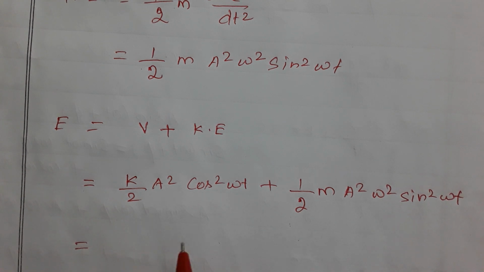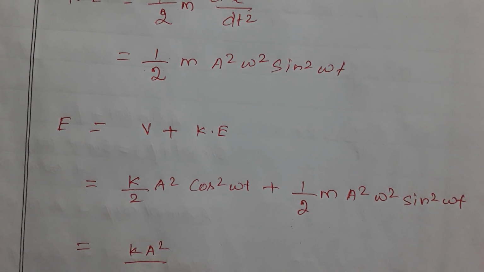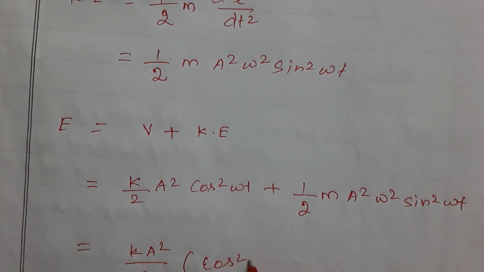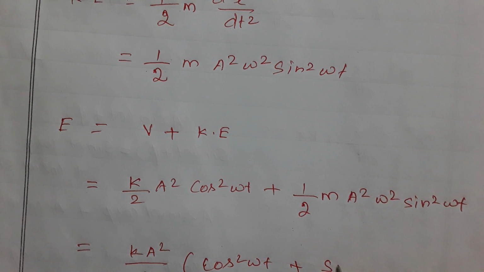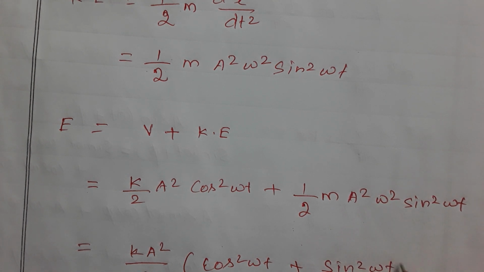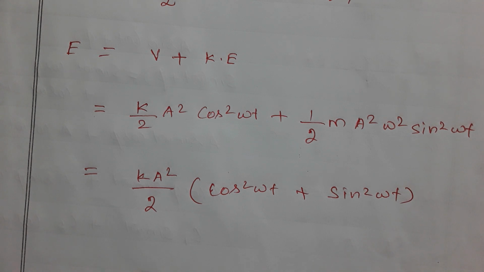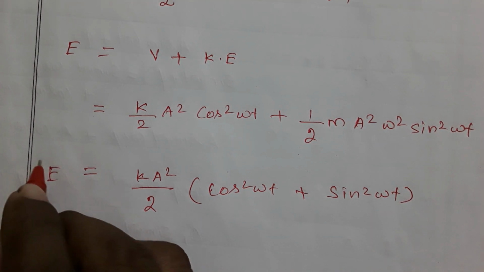Then in total we get k a square by 2 times cos square omega t plus sin square omega t. So this is the total energy of the simple harmonic system.